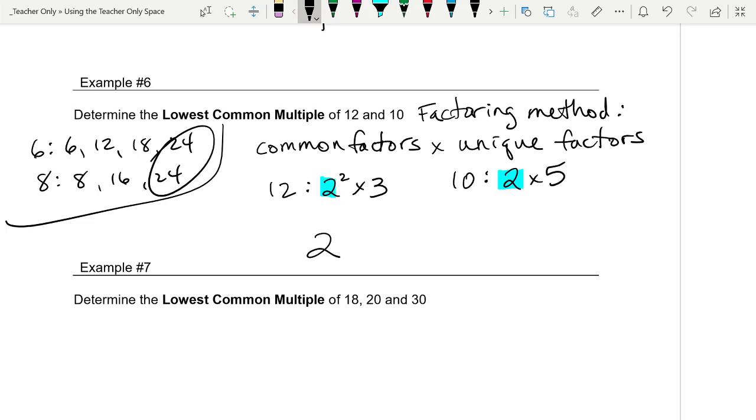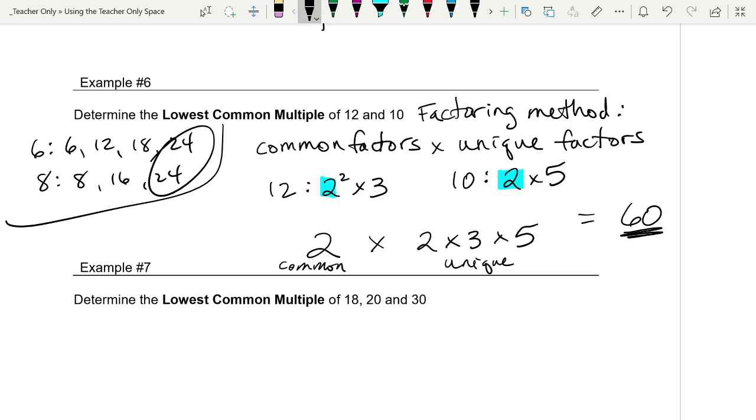But then I have to do everything else. Right? So this is, again, the common part. And then this is the unique part. Unique. So it's 4 times 3 times 5? 60.